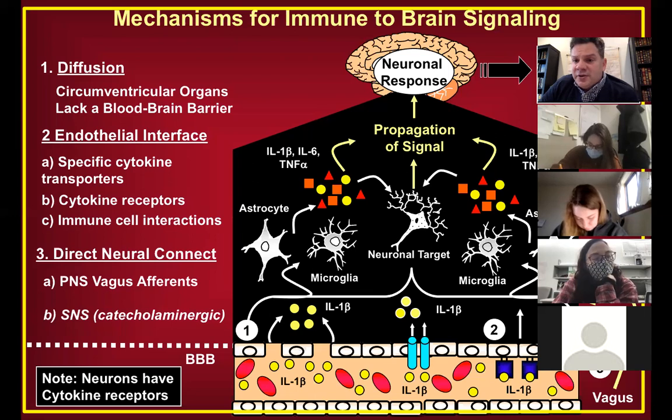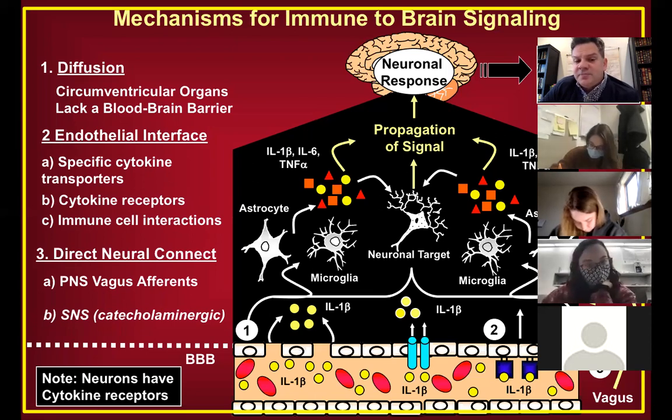So the vagus nerve is part of the parasympathetic nervous system, and it goes out from the brain to almost all major peripheral organs. And it turns out the basal ganglia of this system are chock full of cytokine receptors. So you get a very quick cytokine signal from the vagus into the brainstem.